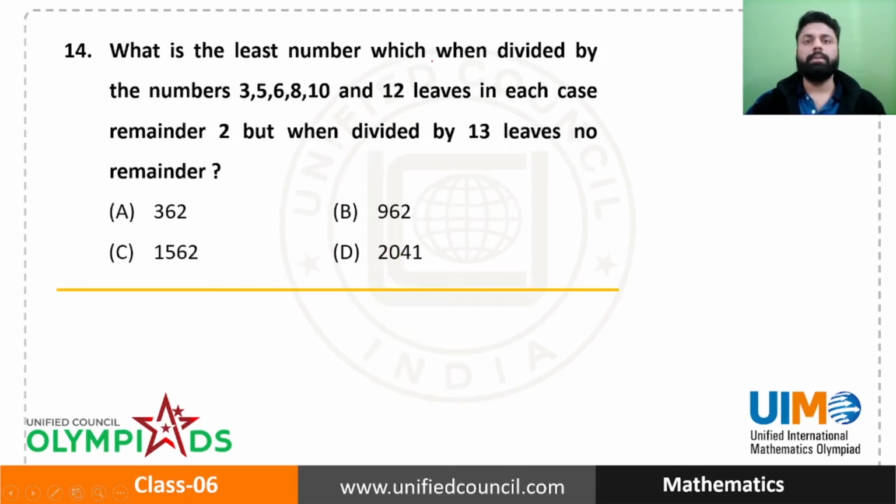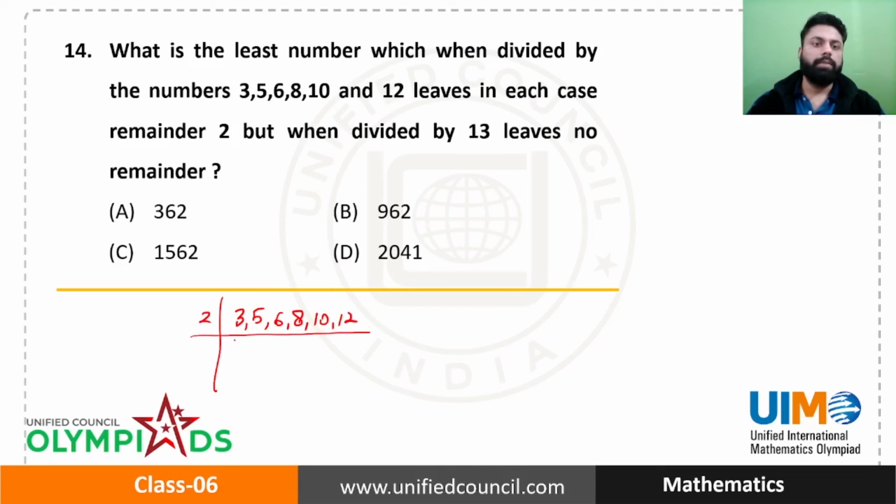What is the least number which when divided by 3, 5, 6, 8, 10, 12 leaves in each case remainder 2, but divided by 13 leaves no remainder? So see, in this case, first of all, let's find out the LCM of 3, 5, 6, 8, 10 and 12.